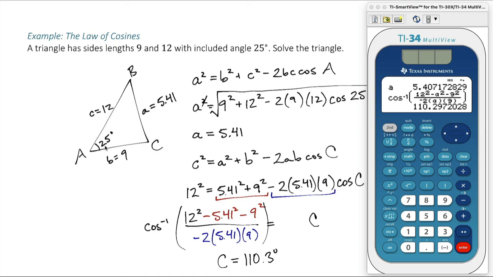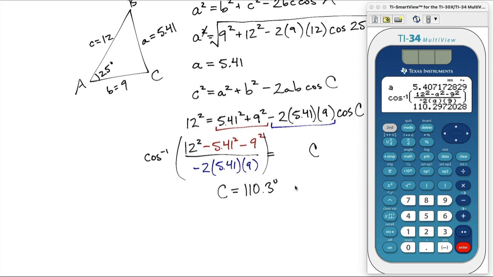I know angle A, and so to find my third angle, we take those other two angles and subtract them from 180. So I have angle B equals 180 degrees minus the angle A, and then minus that angle C. Now, once again, we are using a rounded form here, so best practice would be to use the exact form when we actually type it into our calculator. Let me show you one other way of doing that.